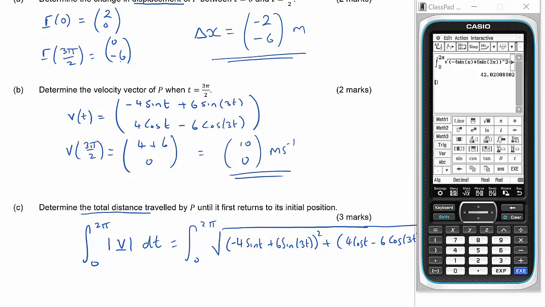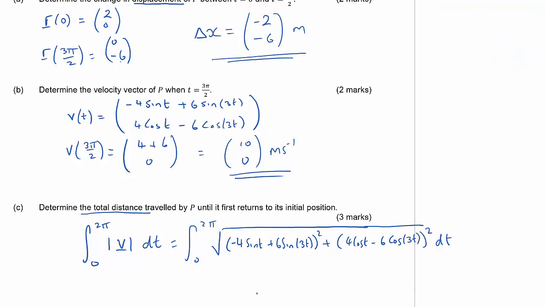Now just pause the calculator while I type all of that in, and it comes to 42.02, as we can see there.